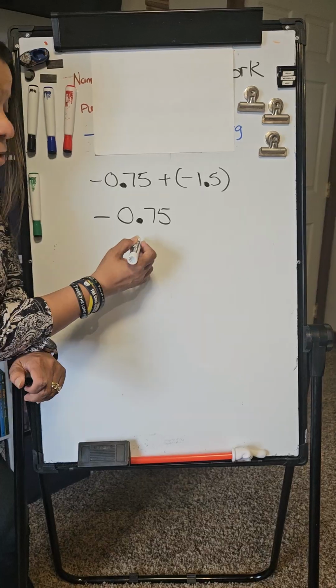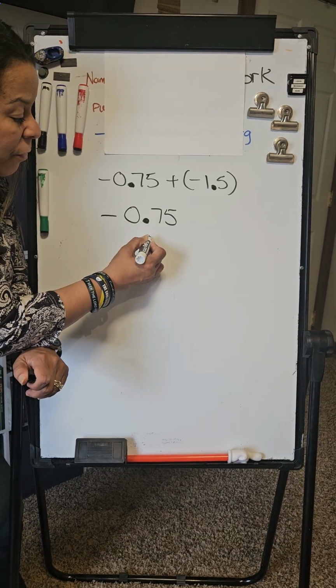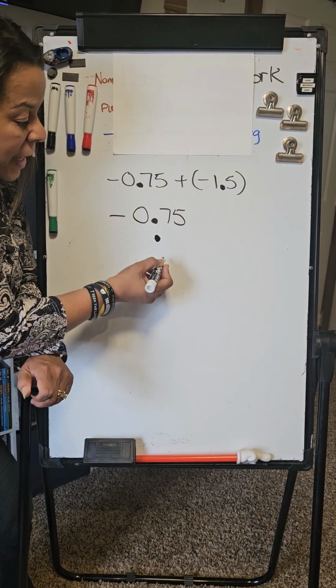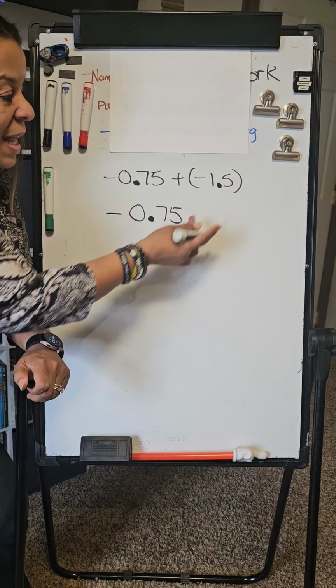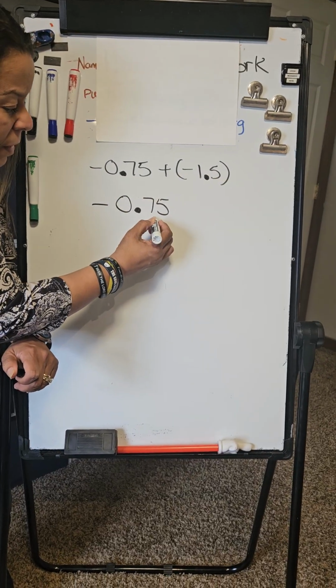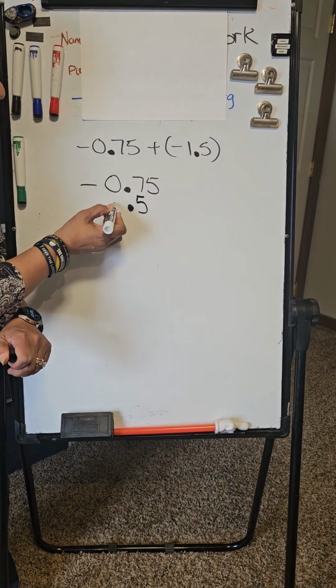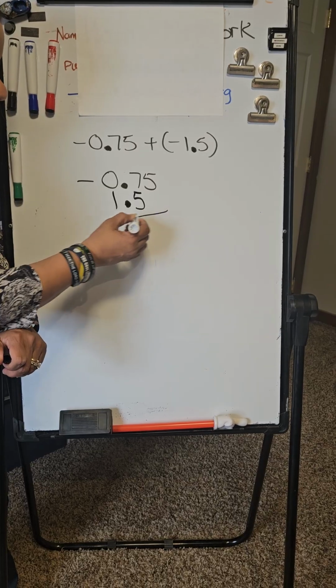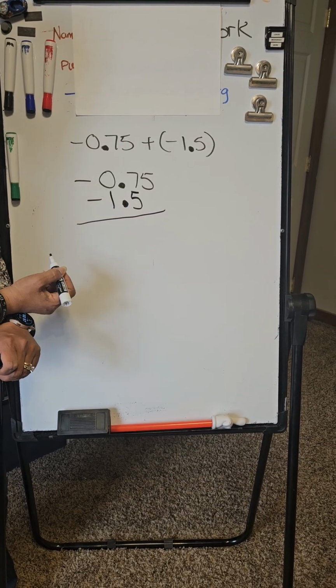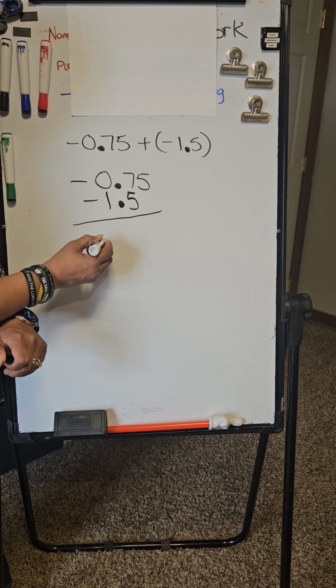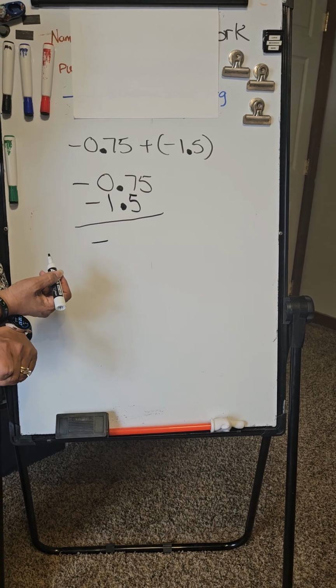I like to tell my students, put the decimal in there first, line those decimals up, and then plug in the numbers. 5 would then go there, and then 1 would then go there. Again, this is a negative. So that means that my answer is also going to be a negative.